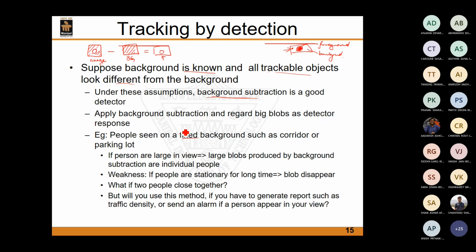To improve this kind of method further, if the background is changing slightly, not abruptly, then for the background which has been estimated or is known to us, we can make small changes before doing the background subtraction. So it's all about estimating the background, or updating the background if it seems to change slightly, and then going ahead with the background subtraction.